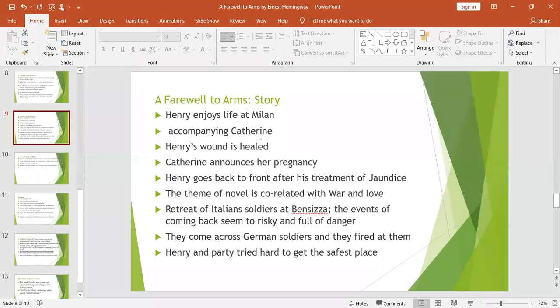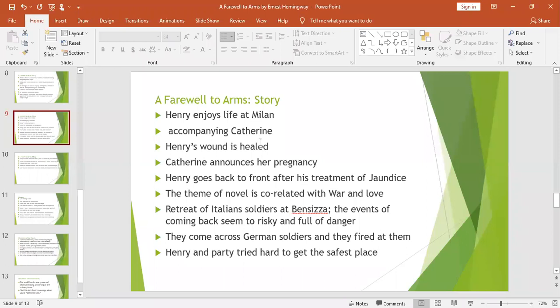And finally, Catherine dies over there while delivering the child, and we come to know that Henry becomes alone. He's all alone, and this is the end of this novel.